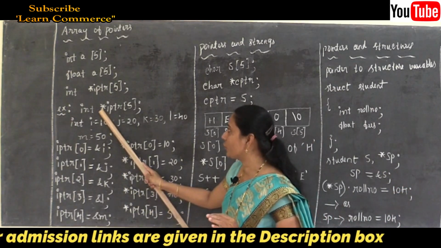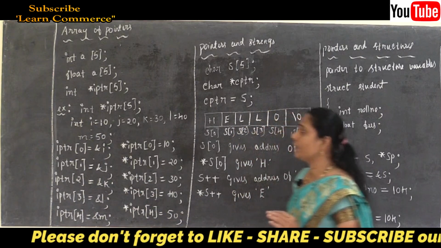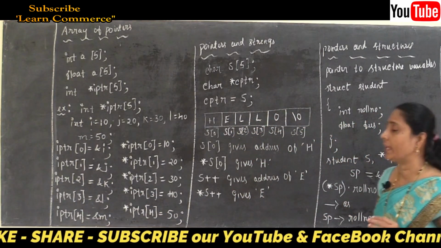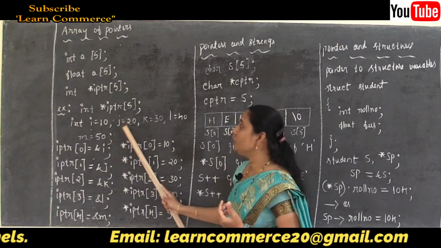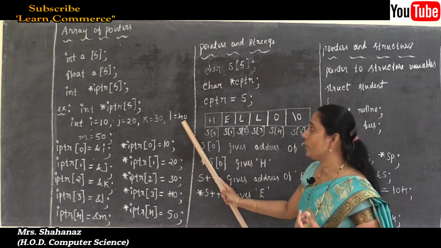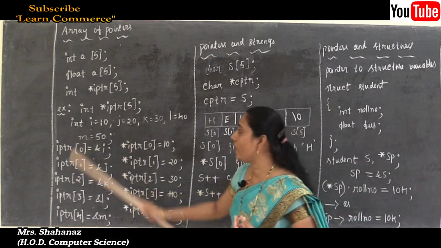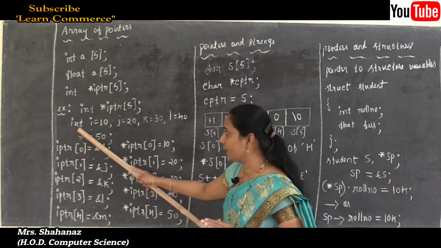Later I declare other variables: i is equal to 10, j is equal to 20, k is equal to 30, l is equal to 40, and m is equal to 50, all declared using the data type int.